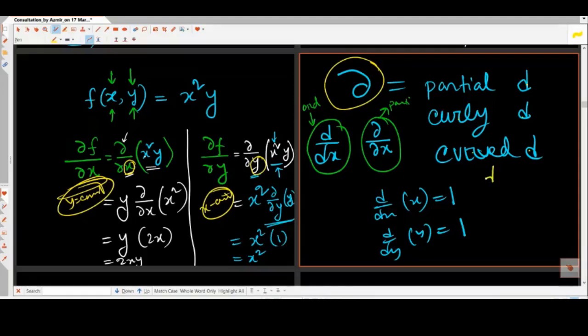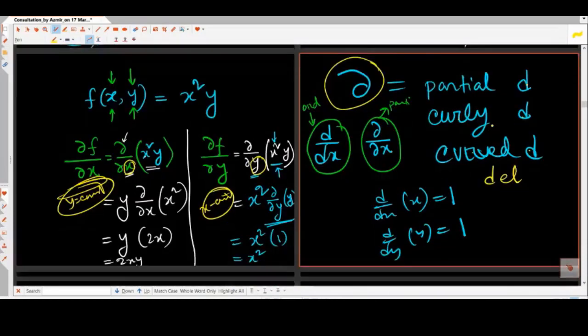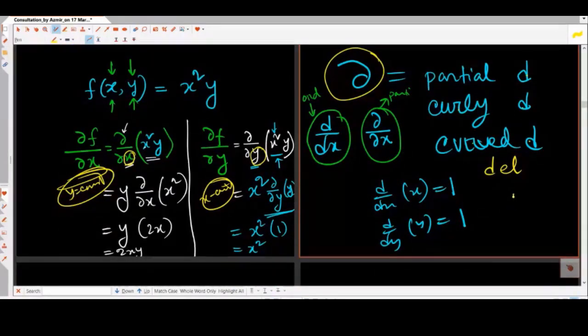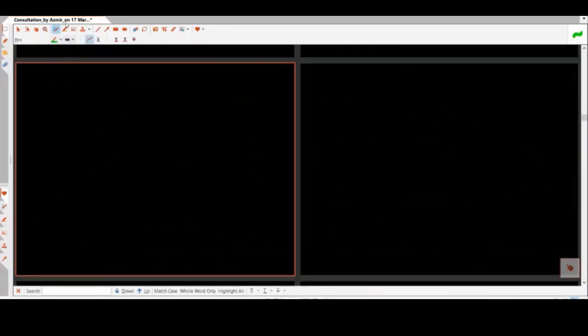We can also say it is del. But remember that there is a difference between d and this d. So we are trying to understand whether a function is analytic or not.